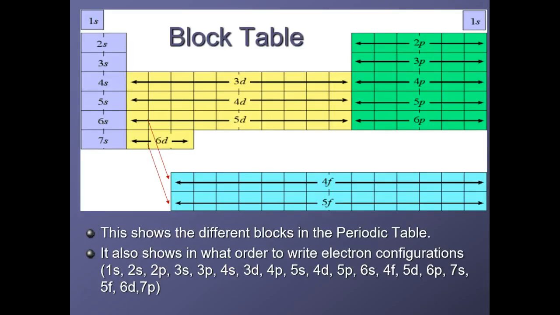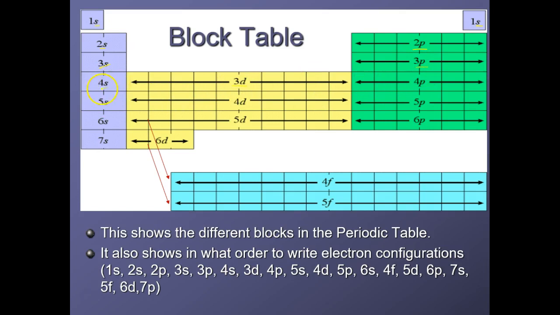So let's go to our periodic table. This is what I mean. If you look right here, this is level 1. You see an S here and an S here. Then you go to level 2. You see the S orbital sublevel and the P sublevel. You go to 3. There's a D3, P3.